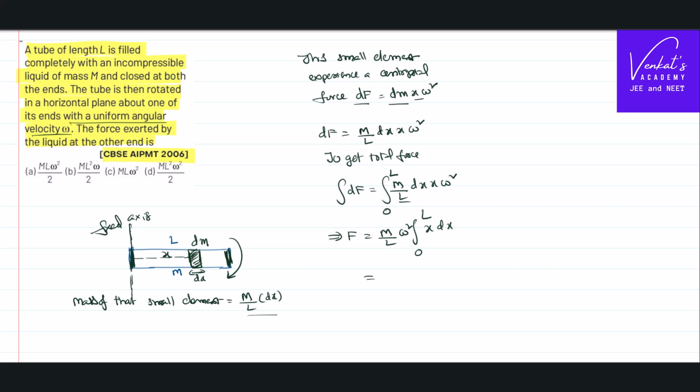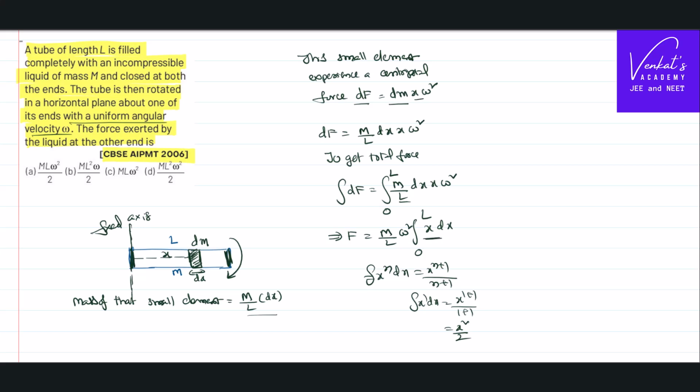Let us simplify this using a formula: integral of x power n dx is x power n plus 1 by n plus 1. Integral of x power 1 dx is x power 1 plus 1 by 1 plus 1. That is x square by 2.